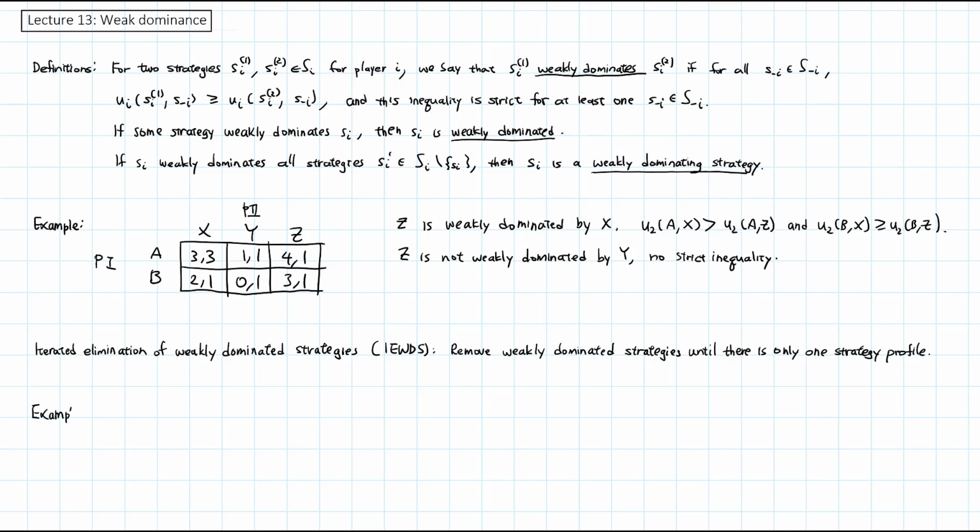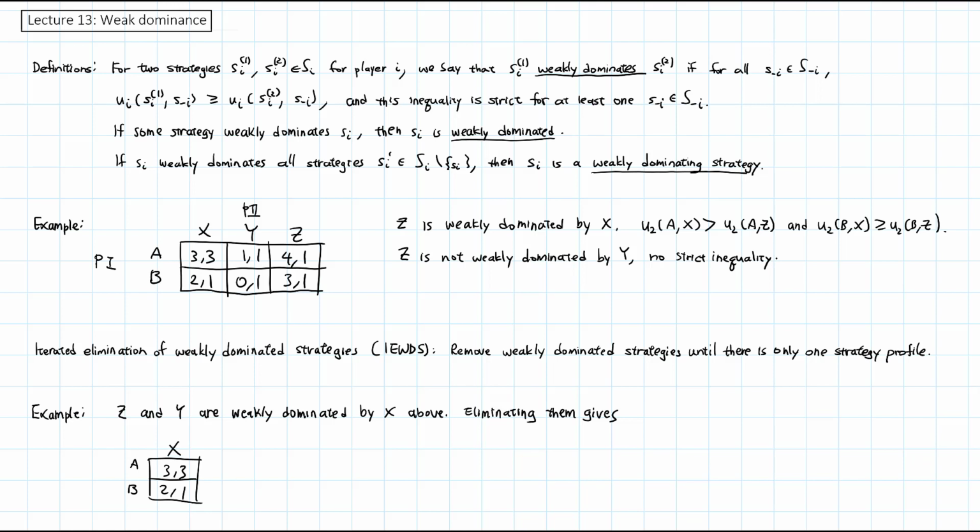Looking at the same example above, we see that Z and Y are both weakly dominated by X. Eliminating these two strategies gives us this smaller game. And we can easily see that A weakly dominates B, so we can eliminate B to get only one remaining strategy profile, AX. And once again, we will claim that AX is a Nash equilibrium.